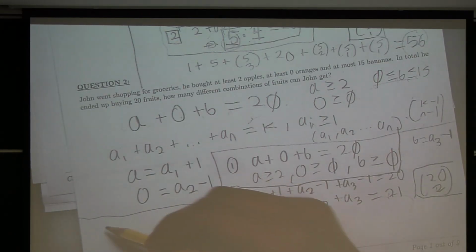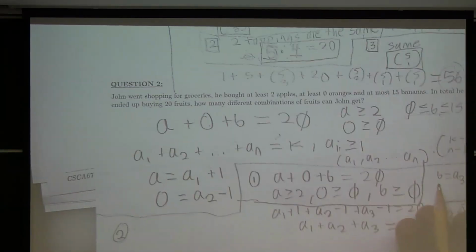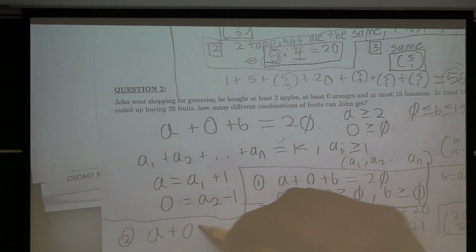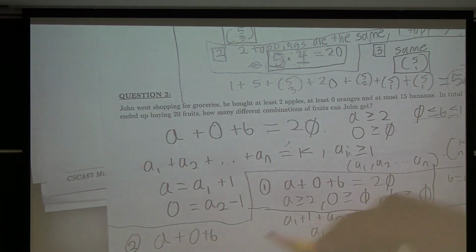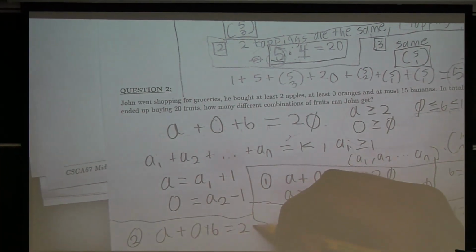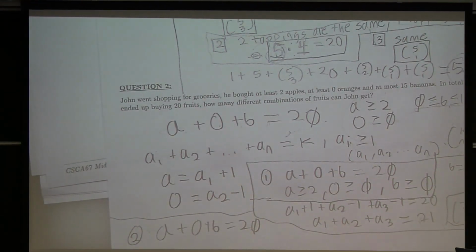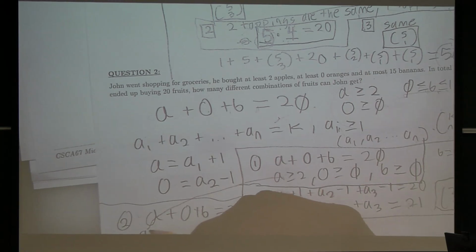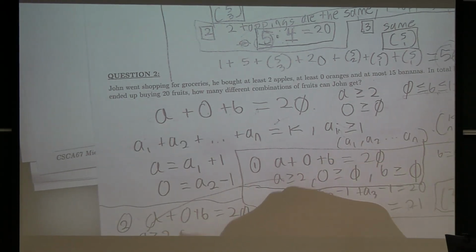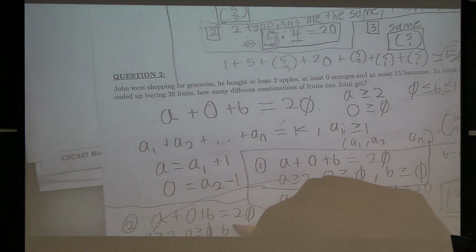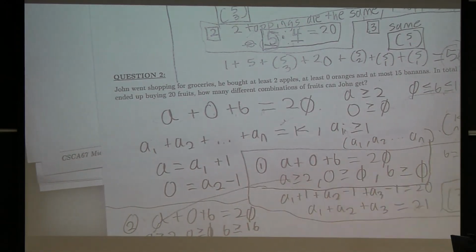Now, the second case is when a plus o plus b is equal to 20. Same restrictions for a and o, so I'll just repeat that here. But this time, I will get b greater than or equal to 16.